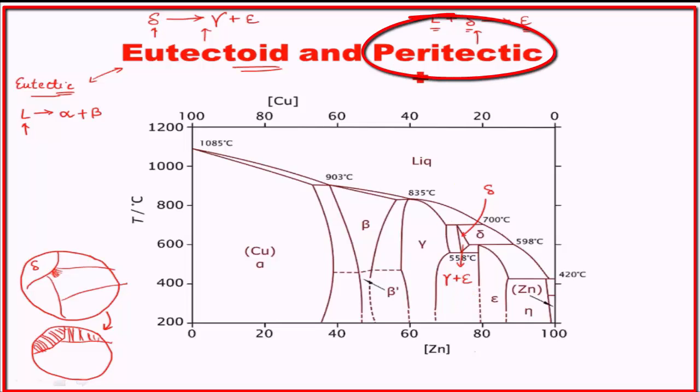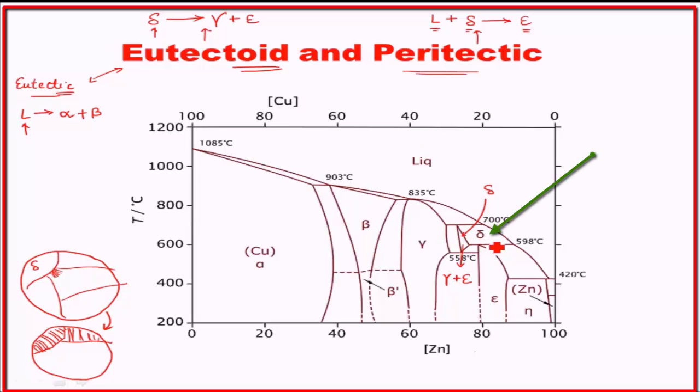The peritectic reaction, on the other hand, is one liquid plus one solid giving rise to a single solid phase. This is delta plus liquid, this is single phase epsilon. This reaction over here which is taking place is the peritectic reaction, whereby delta plus liquid gives rise to epsilon.